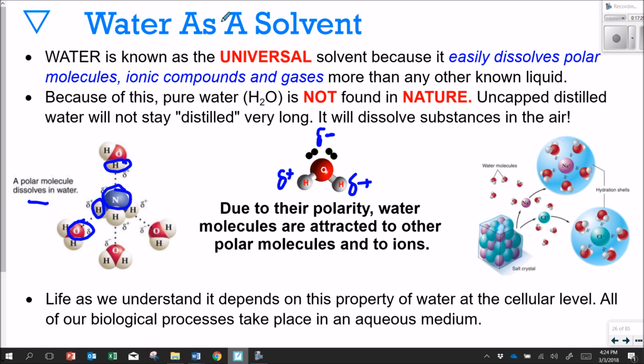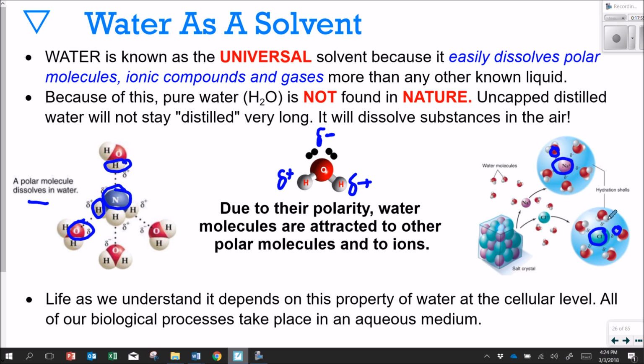With water dissolving an ionic compound like sodium chloride, the positive sodium ions are attracted to the negative oxygen side, and the negative chloride ions will be attracted to the positive hydrogen side of the molecule.